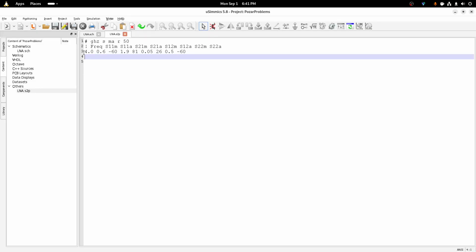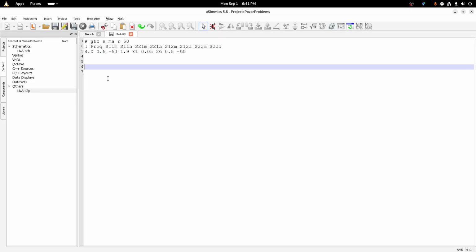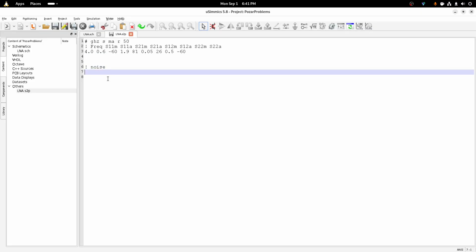If it sees another 9.0 in the frequency section, or below 9.0, so if the next one is 8.0, it will automatically figure out that, hey, this is noise. And so I just like to do a noise comment here.